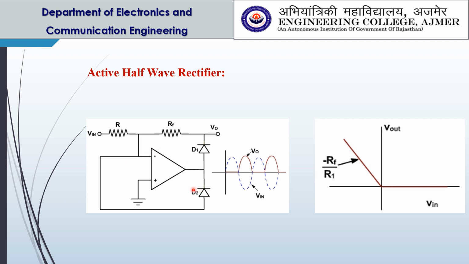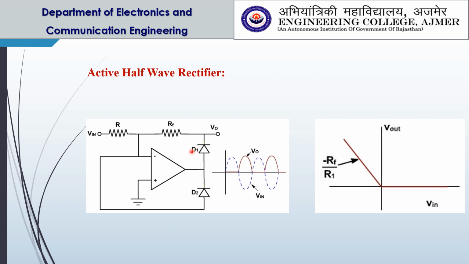Because of the feedback through D2, a virtual ground exists at the input. Thus diode D1 acts as an open circuit because it is reverse biased.